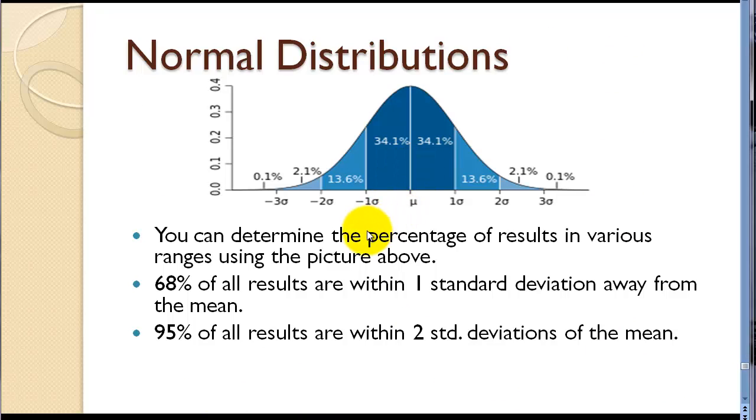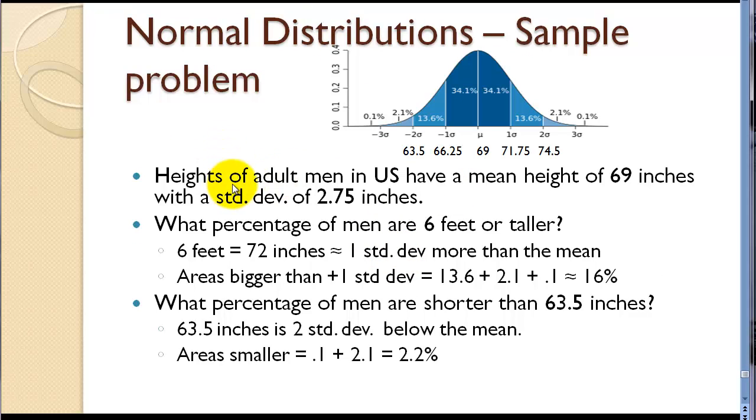Let's say we know that the adult men in the U.S., by sampling or whatever, we've determined that the average or the mean height is 69 inches. And the standard deviation of that population is 2.75 inches. So if we wanted to know what percentage of men in the U.S. are 6 feet or taller, I've laid out here's our mean, 69, and then I've added 2.75, added another 2.75.